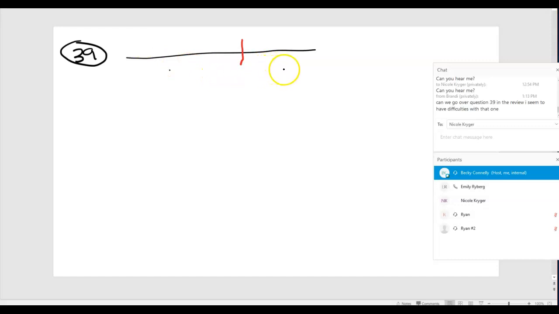So I don't know how long the shorter piece is, so I'm just going to call that X. But I know that my longer piece is 4 centimeters longer than the shorter. So that means it would be X plus 4. So however long the short piece is, plus 4 more. Right? And then we know that the whole thing together is 20 centimeters.